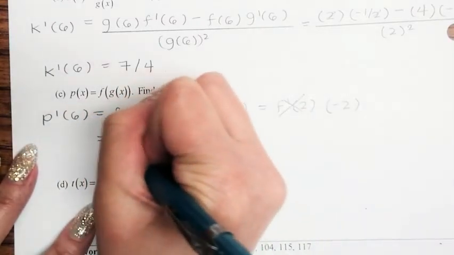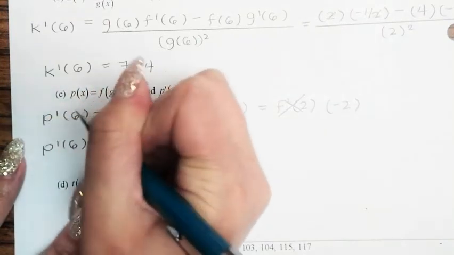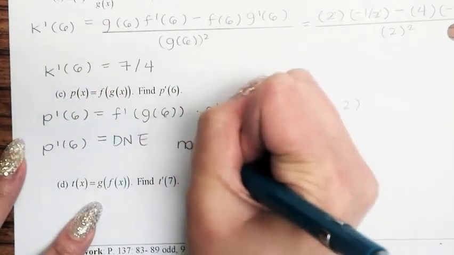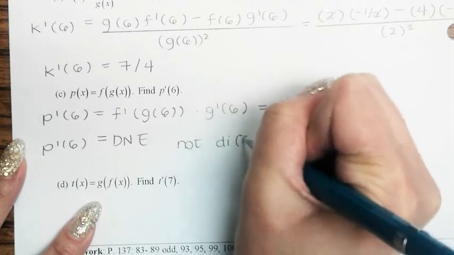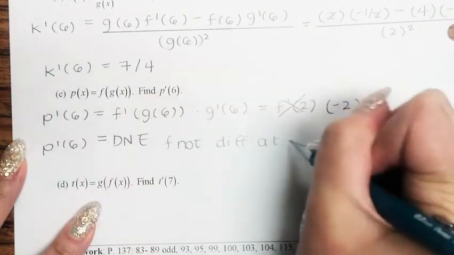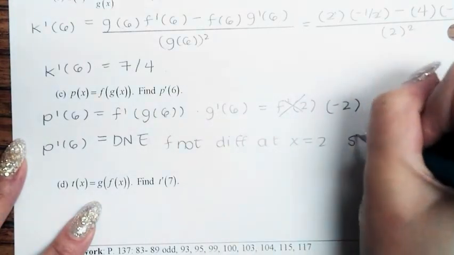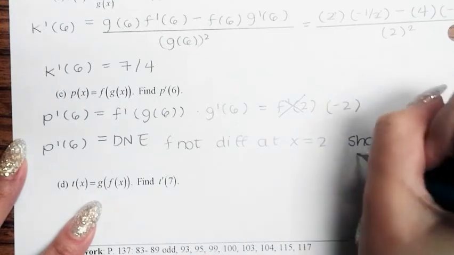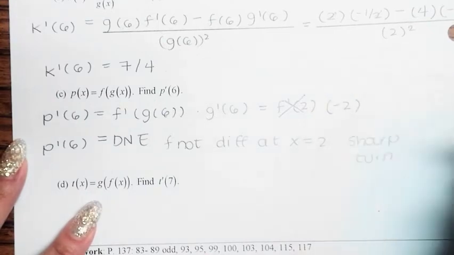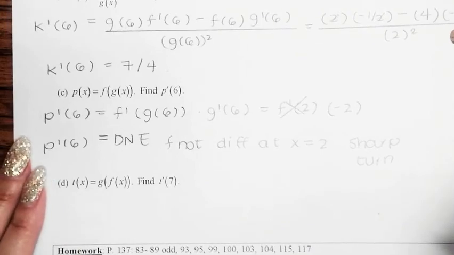So it does not exist because it's not differentiable. And you can say f is not differentiable at x equals 2. Why? Because there is a sharp turn, and you know that that's a no-no for taking derivatives.